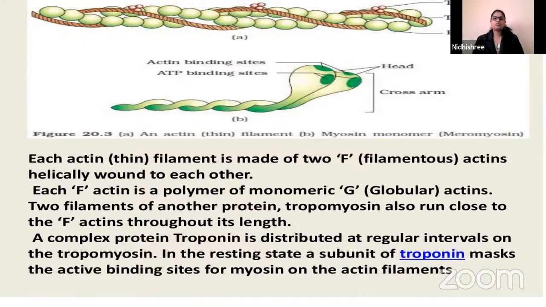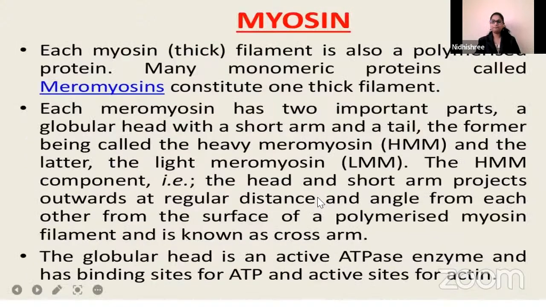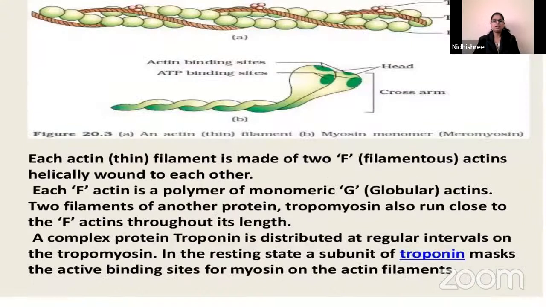Then each actin or thin filament is made up of two F filaments helically wound to each other. Each F actin is a polymer of monomeric G actins. Actin is a helical structure which is made up of F actin as well as G actin.